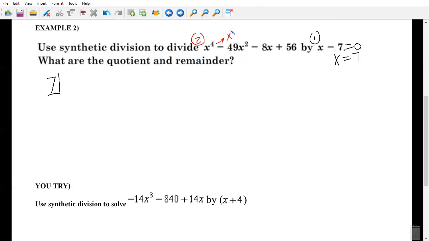It's missing x to the 3rd. And yesterday when we talked about long division, when something is missing, what do we put in its place? 0. So when we list this out, we're going to have 1, but then we also have to put 0 for x cubed, -49 for x squared, -8 for x, and our constant is 56.